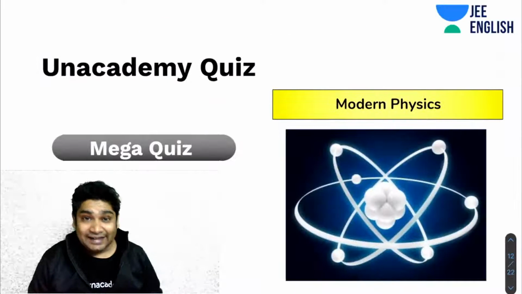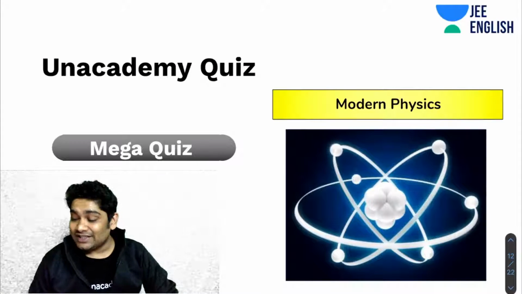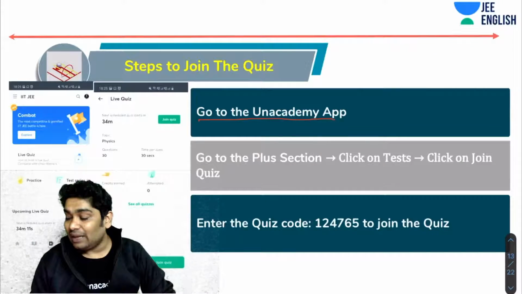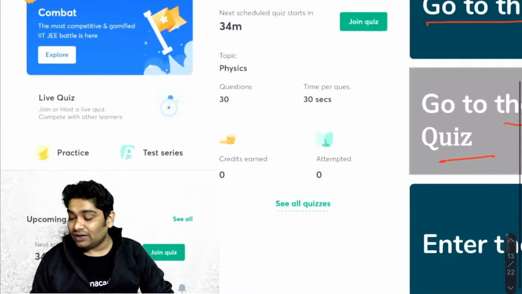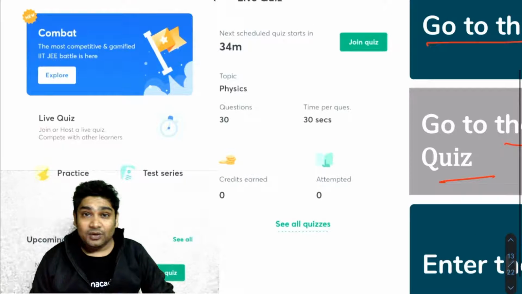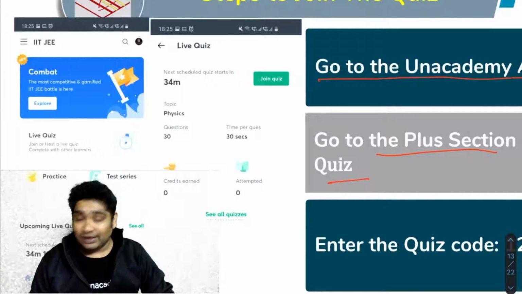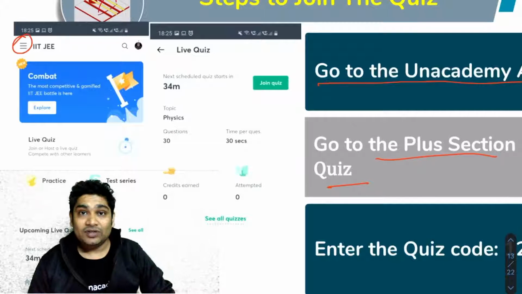Now, finally, let's get started with the mega quiz on modern physics today. This is how you can join the quiz. All you need to do is first go to your Unacademy app, then go to the plus section, click on tests, and click on join quiz. This is what it will look like. When you log into your app, all you need to do is go and click here. Then you will see the plus option.